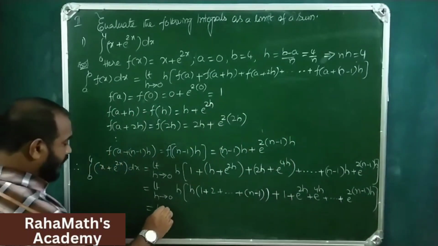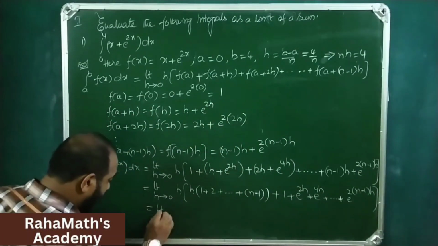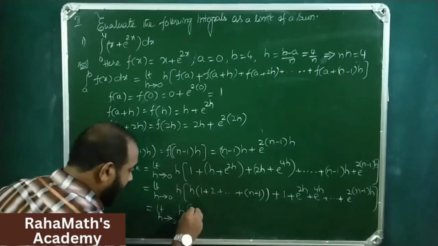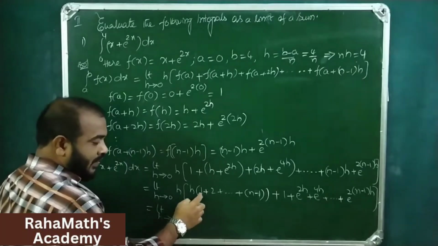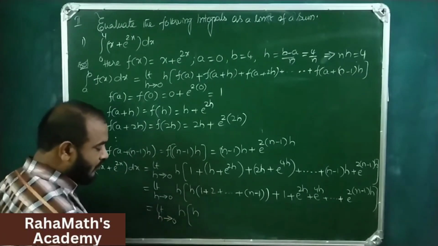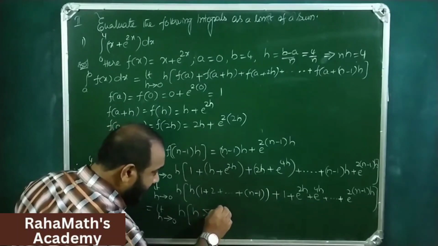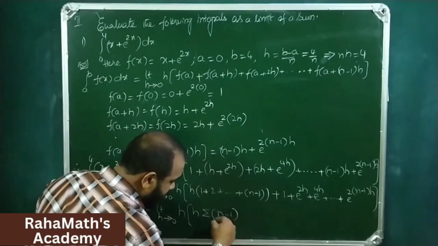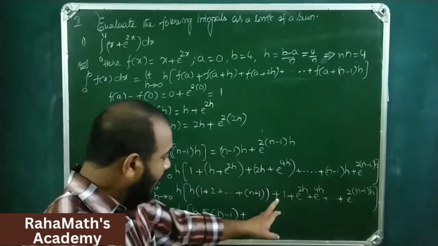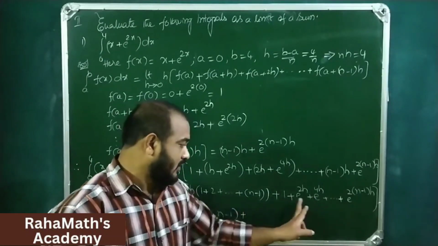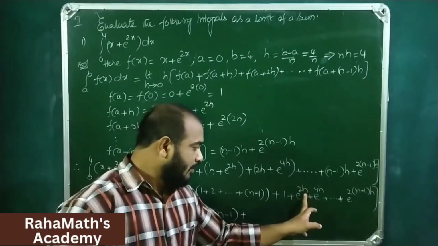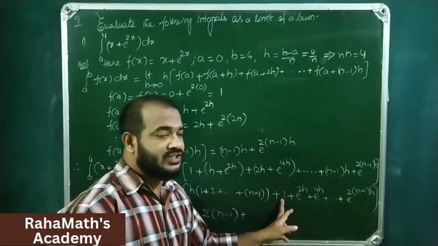This is equal to the limit as h tends to 0 of h into the following. The first part is an AP series with common difference 2 minus 1, which is 1, so it is the sum of n minus 1 terms. The second part, 1 plus e^(2h) plus e^(4h), is a geometric progression because the common ratio is e^(2h) by 1, which is e^(2h).